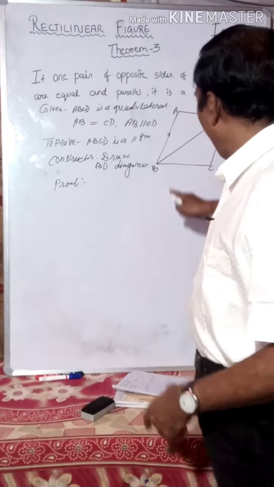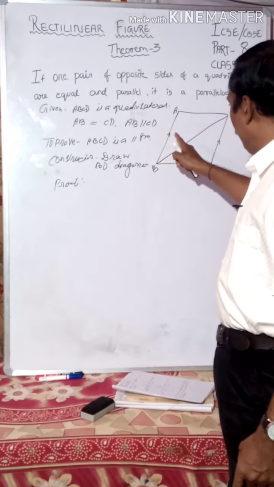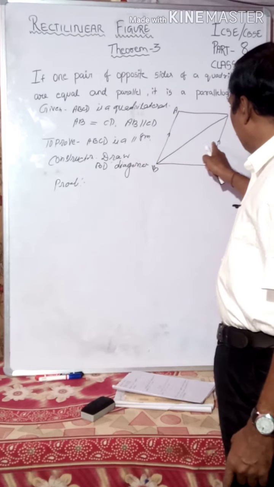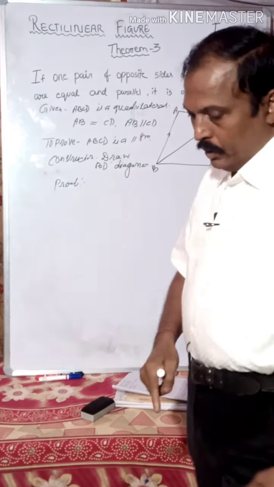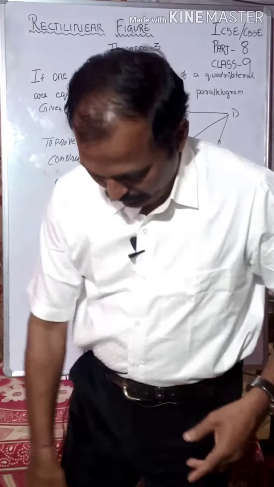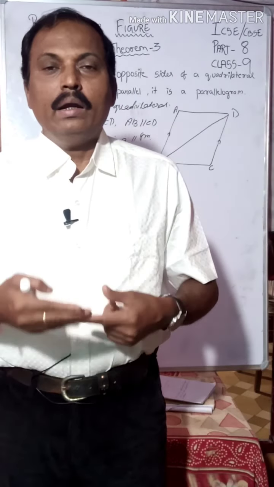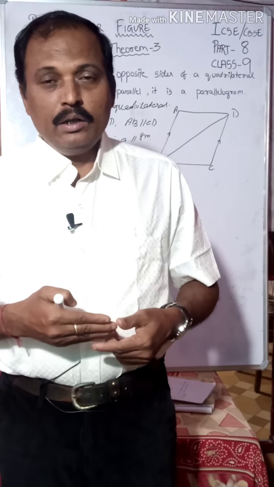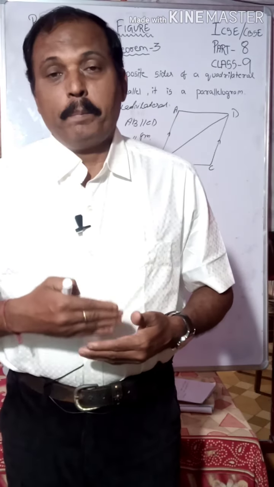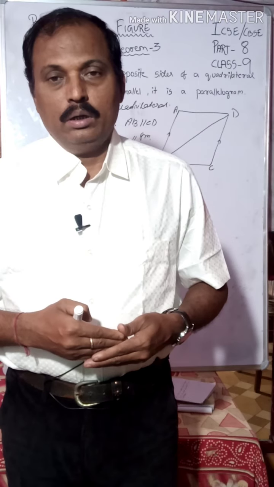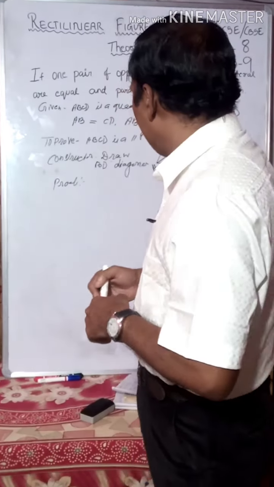So according to side, angle, side, two triangles are congruent. Then according to CPCTC, the rest of the components are equal. It is very easy.